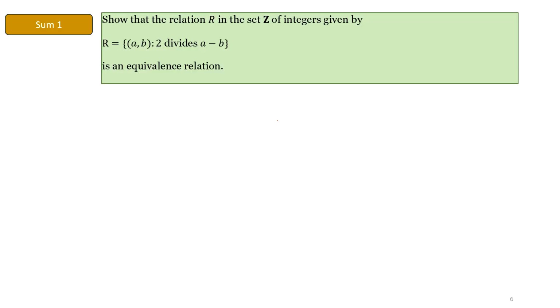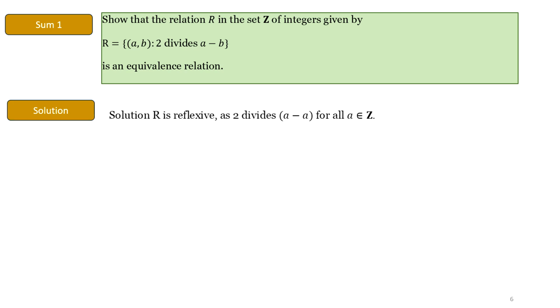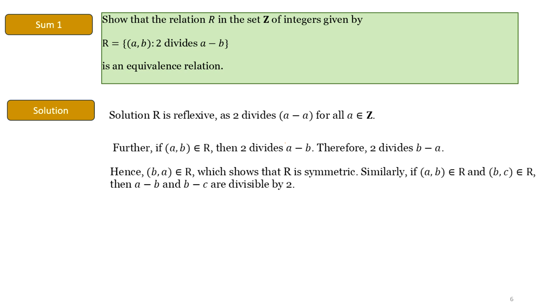Show that the relation R in the set Z of integers given by R equal to (a, b), where 2 divides a minus b, is an equivalence relation. R is reflexive as 2 divides a minus a for all a that belongs to Z. If 2 divides a minus b, then 2 will also divide b minus a.